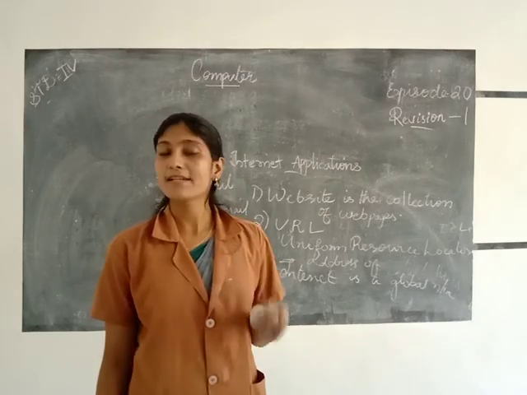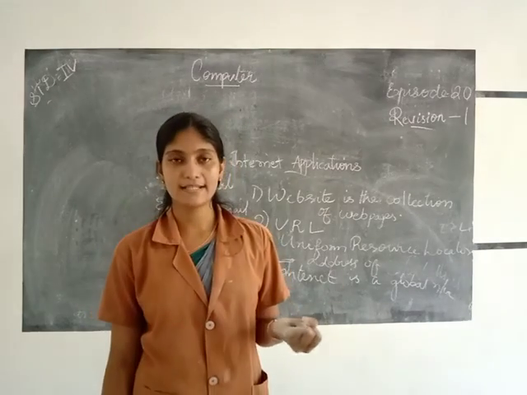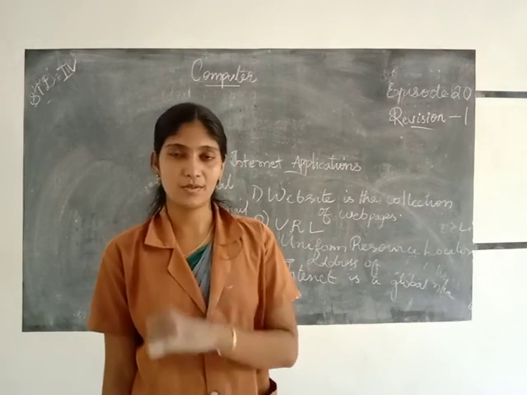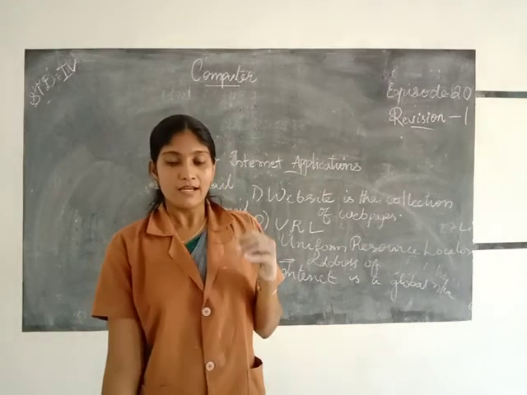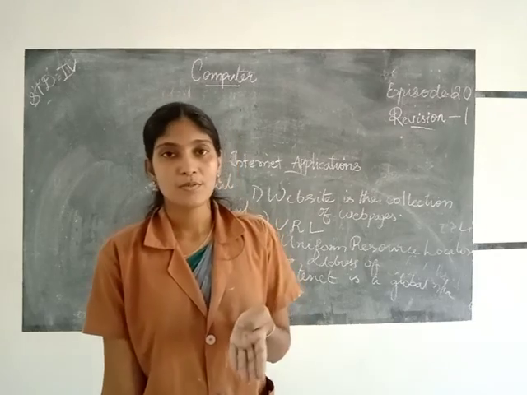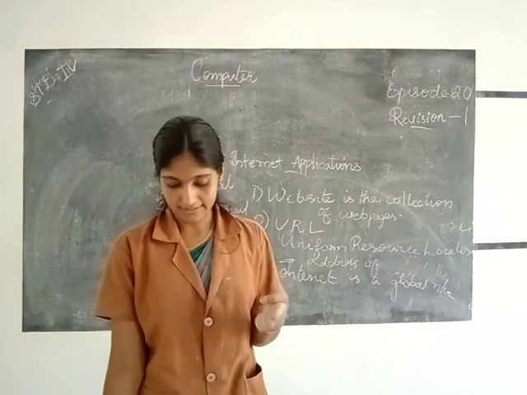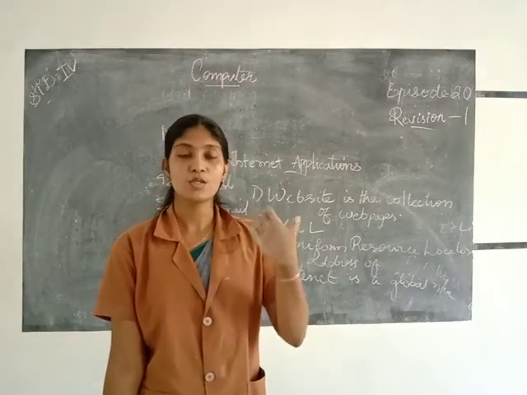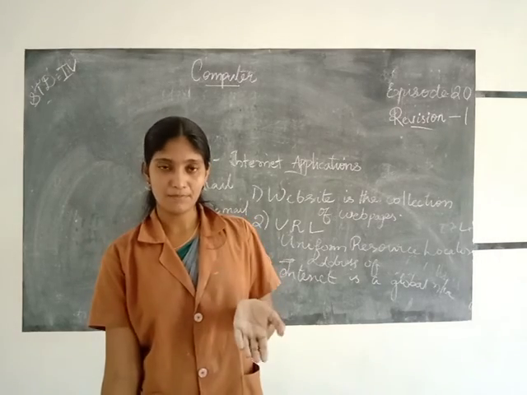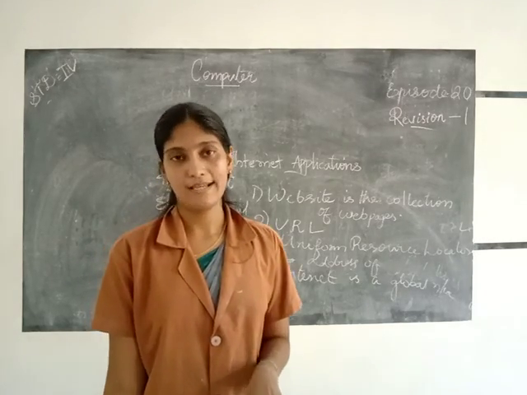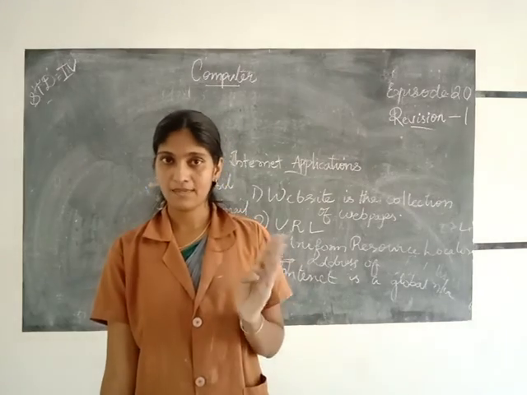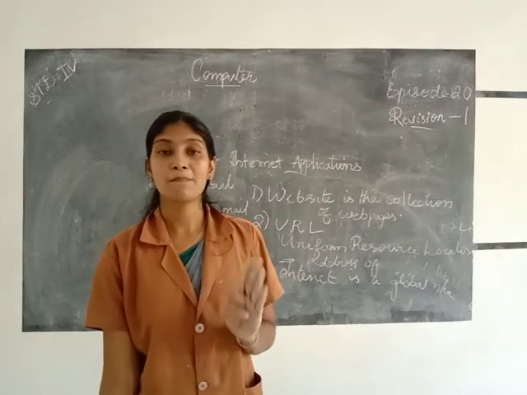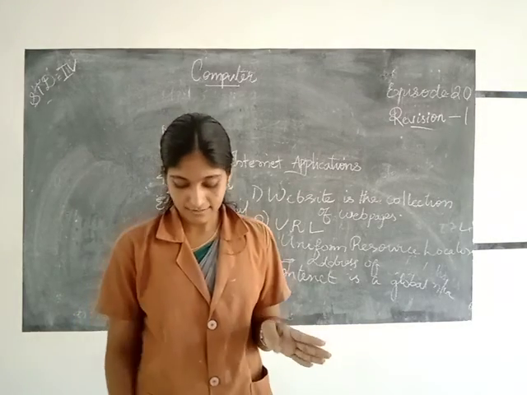Then another command is HT to hide the turtle. If you want to hide the turtle in the drawing area, then you can use the command HT. Then to show the turtle, you can use the command ST, show turtle. Then pen up means to pick the pen up without drawing lines. So the command used is PU, or pen up. And the opposite of that is PD, pen down.